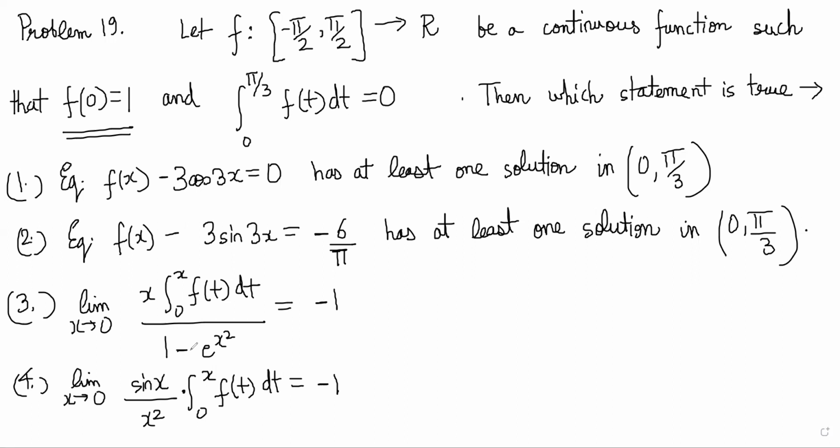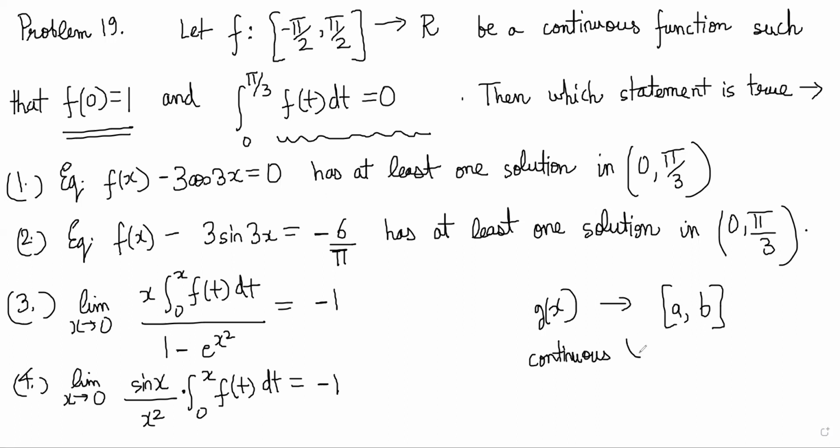This is an interesting problem, especially because we have an integral condition and we want to understand how we will utilize this condition, right? So if I have to find out whether a particular function has a solution in a particular range, then for example, if I give you a function g of x, if g of x has some root in a range a to b, then what we need to show is that, first of all, g of x is continuous and it changes sign in this interval.